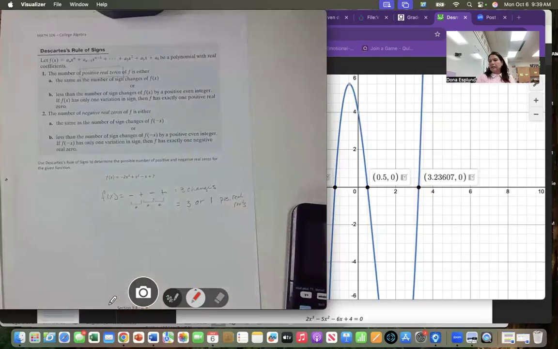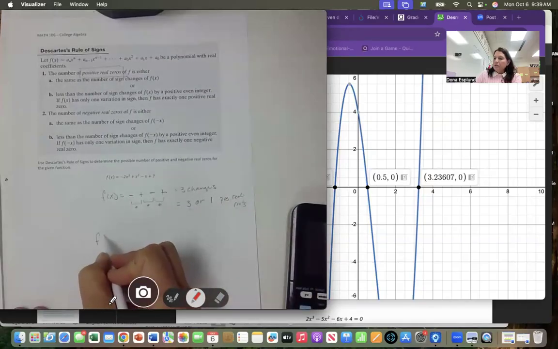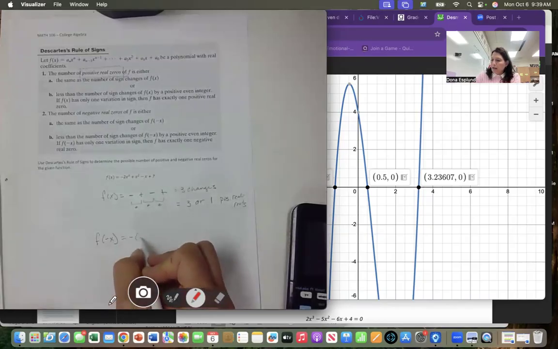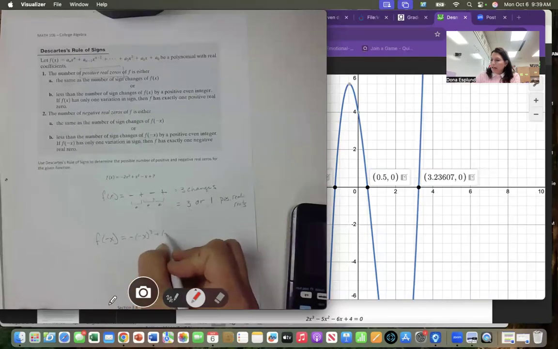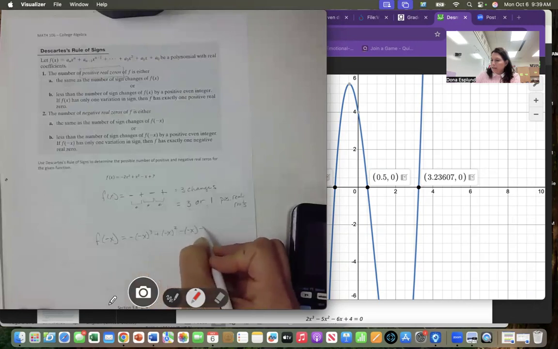Now, for the negative roots, look at f of negative x. If you substitute negative x into the equation for the possible negative roots, I'm going to end up with 2 times negative x to the third plus negative x squared, and then minus x, and then plus 7.